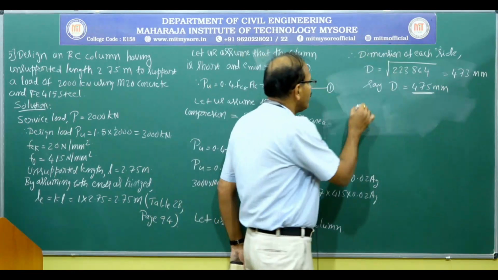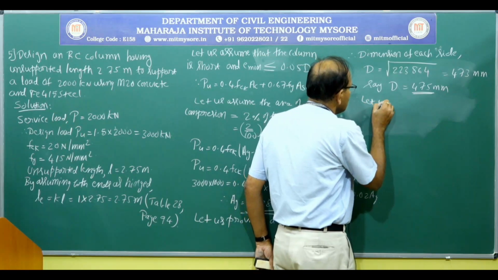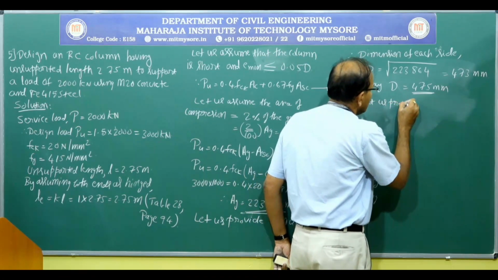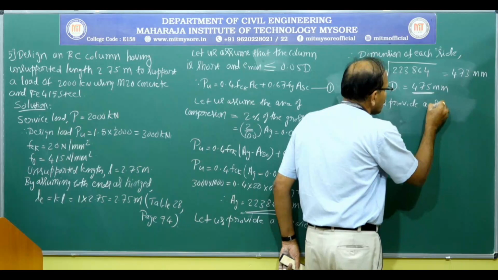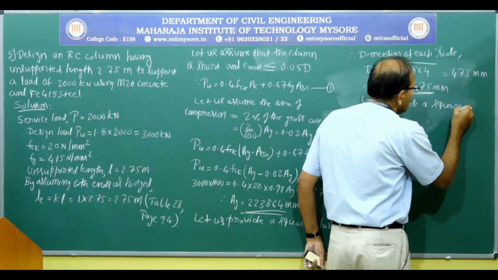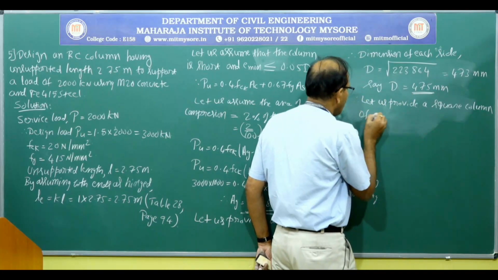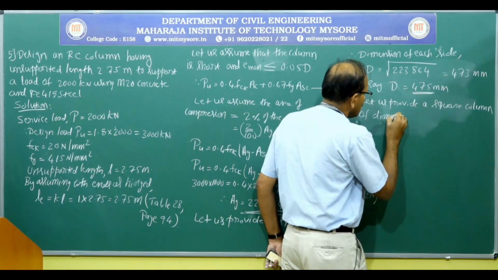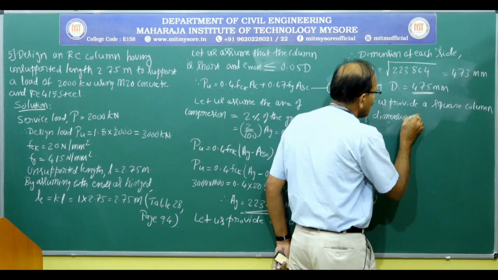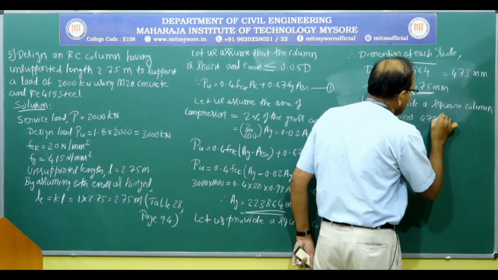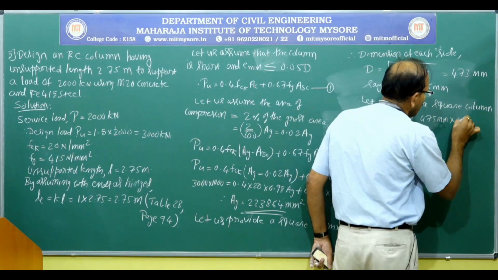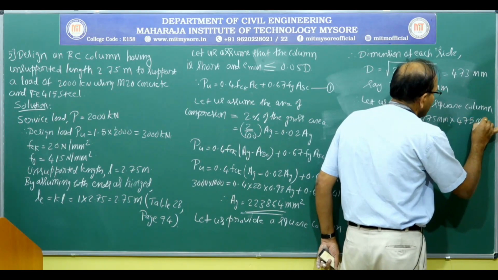Okay. Therefore, let us provide a square column of dimensions 475 millimeter by 475 millimeter.